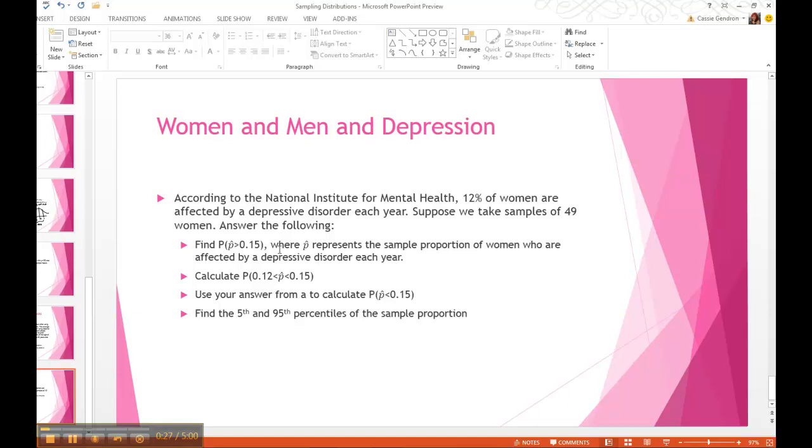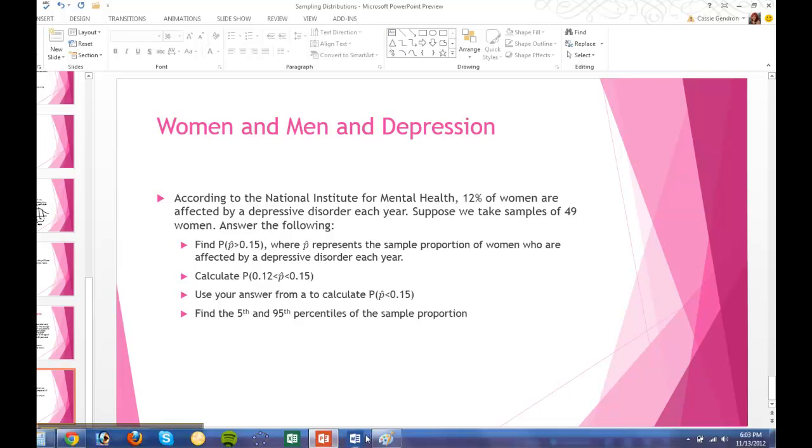So we want to find the probability that our p hat is going to be greater than 15%. Then we're going to calculate having a p hat between 0.12 and 0.15, or between 12 and 15%. And then we're going to calculate the probability the p hat is less than 15%, and then we've got to find the 5th and 95th percentiles.